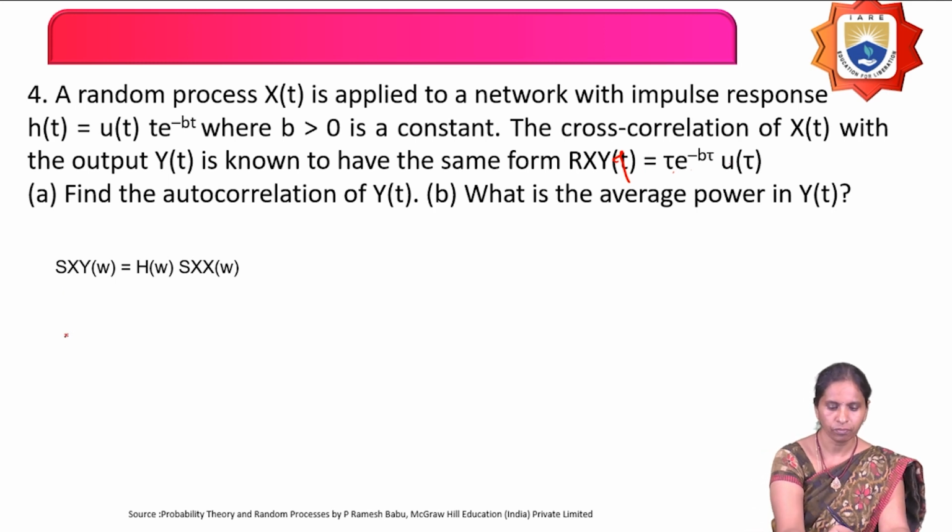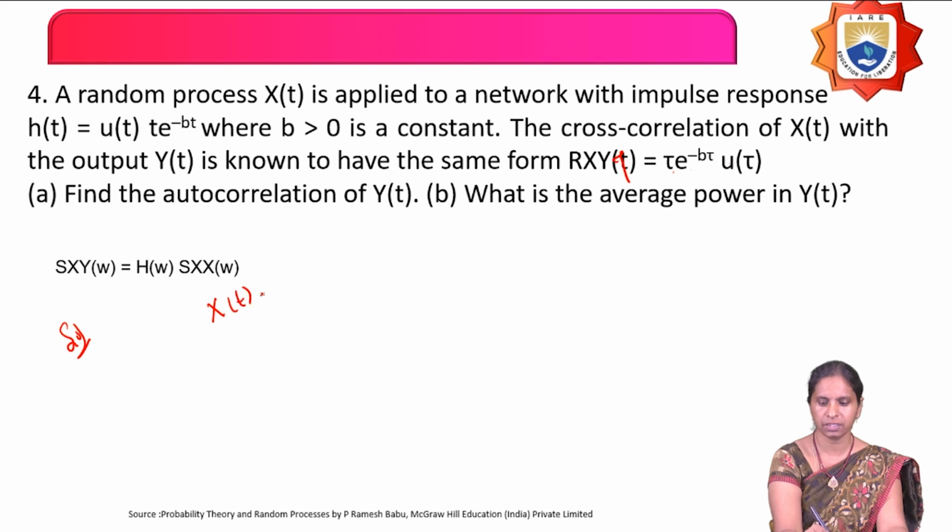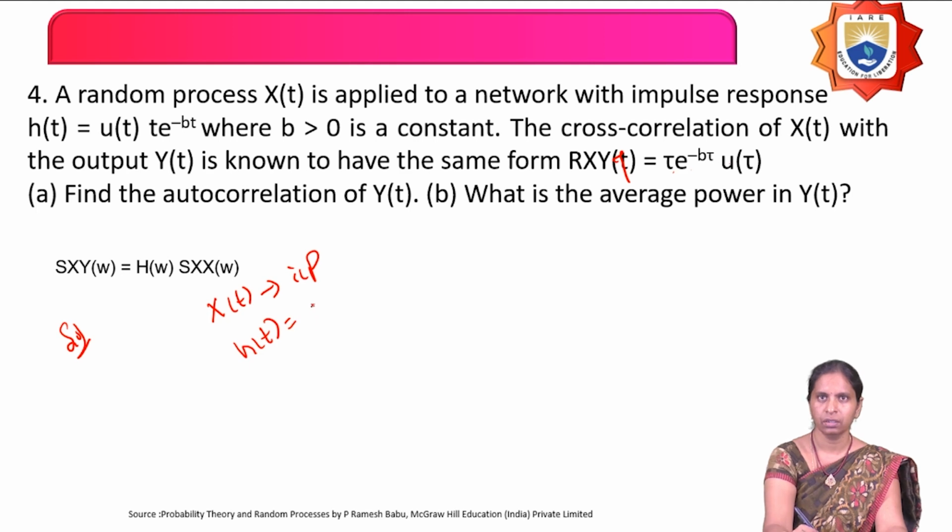So, what they have given here? They have given x of t as the input, and the impulse response of the system is t into e power minus bt into u of t.